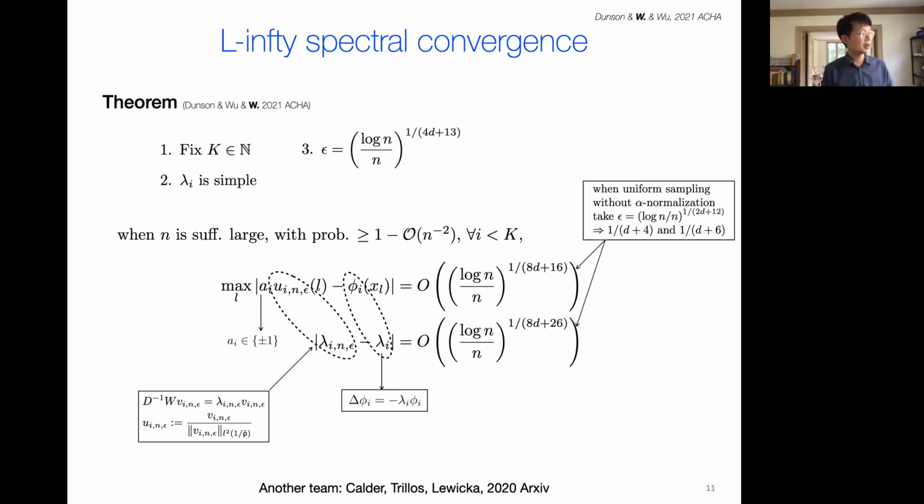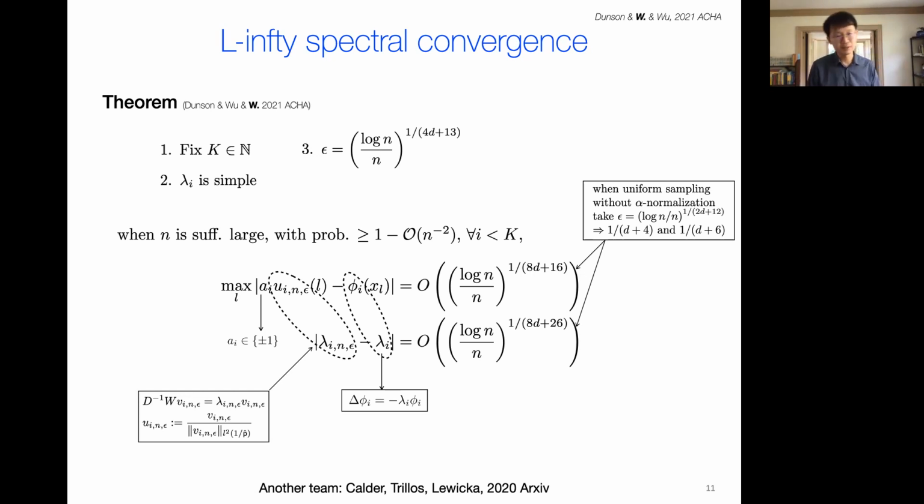For a long time, back in 2003 and 2006, people started to realize that it will give us the Laplace-Beltrami operator of the manifold. But at that moment, people could only prove pointwise convergence. And then in 2007, 2008, Belkin started to prove the spectral convergence.